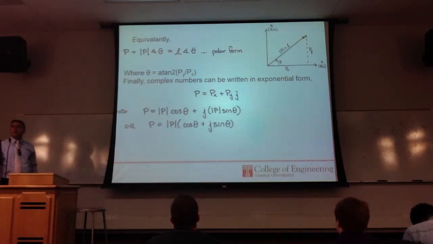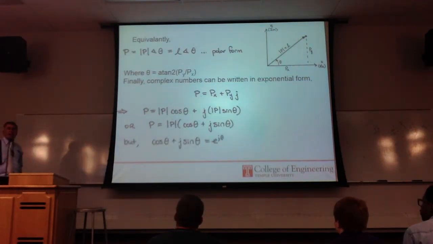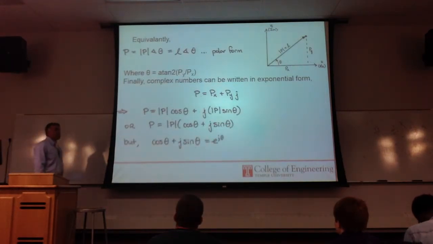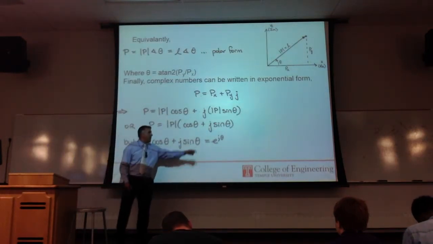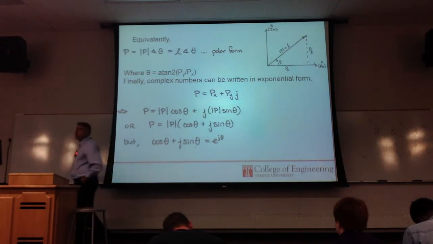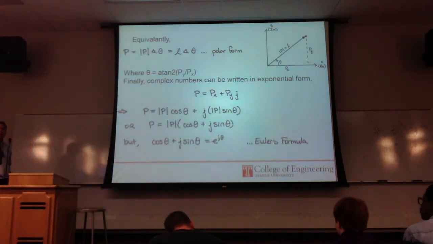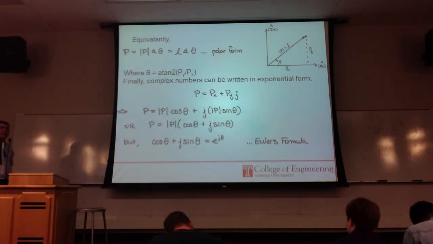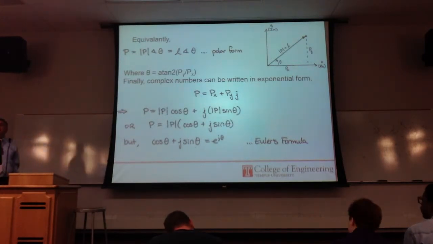Do you follow that? Do you agree? Very simple, it's just simple mathematics. So what we have here, inside the bracket, cos of theta plus j sine of theta, is e to the power j theta. And this is called Euler's formula. Have you seen this before? Have you ever seen the terminology e?